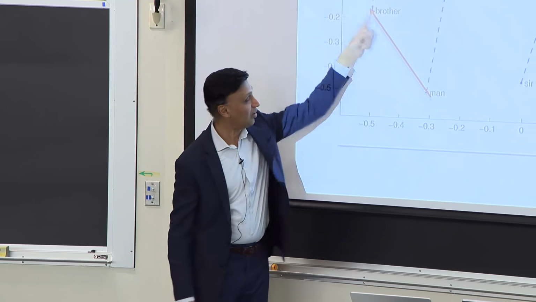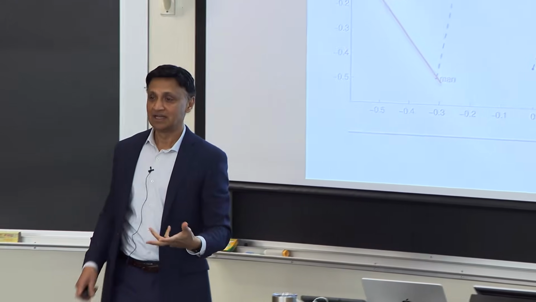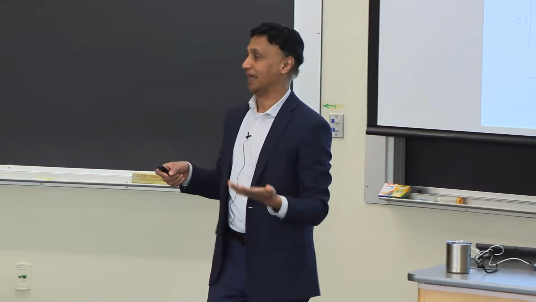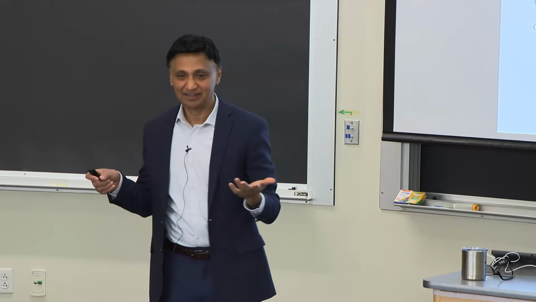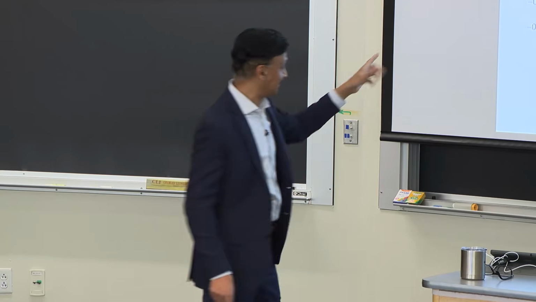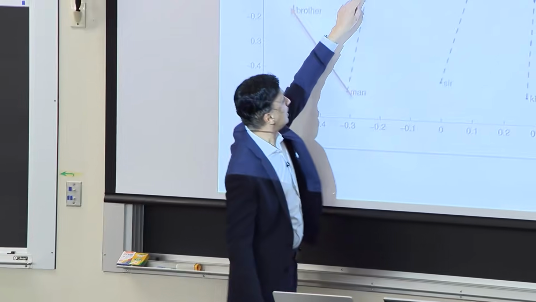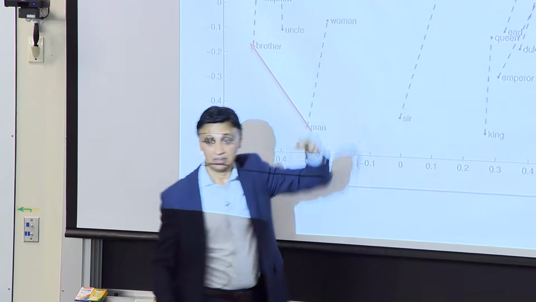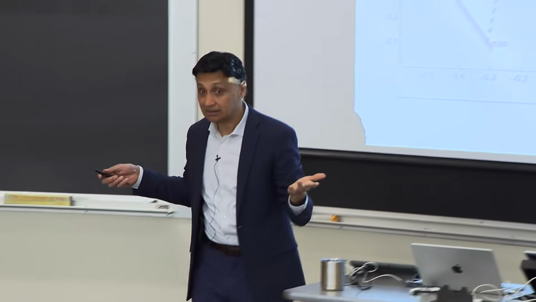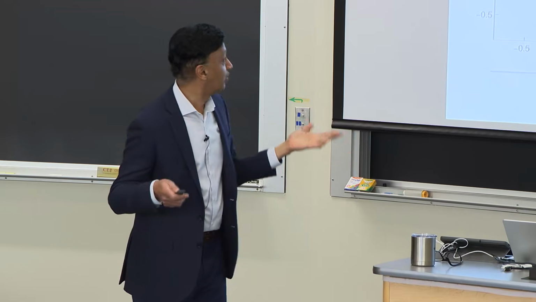So this arrow has some notion of a person becoming a sibling. So you would hope that if you take that same arrow and start here with woman, she will become a sister. Sure enough, it does.